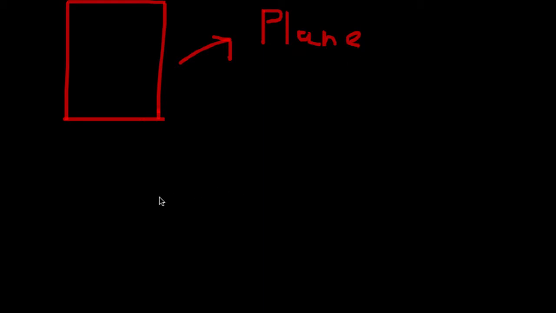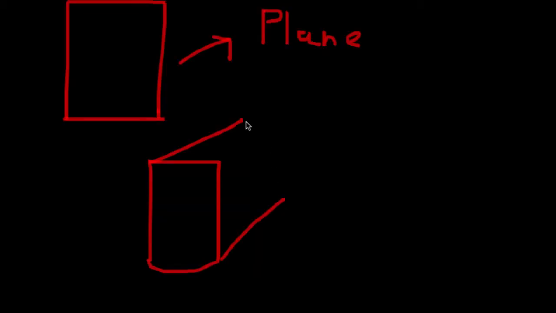So geometry is basically the mathematical study of shapes, lines, and points. Geometry is divided in two divisions. It's called plane geometry, plane, and for 3D shapes, it's solid geometry.